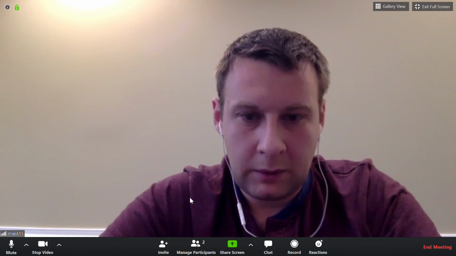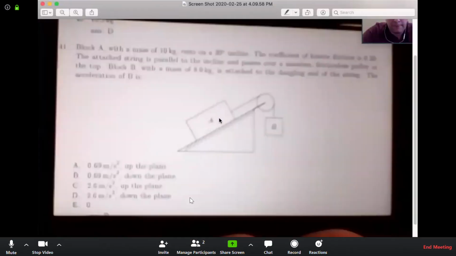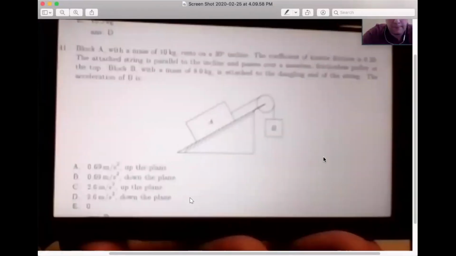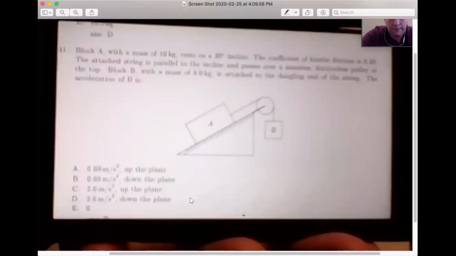I'm not seeing the share screen option anymore. Oh, here we go. Okay, do you see this picture?